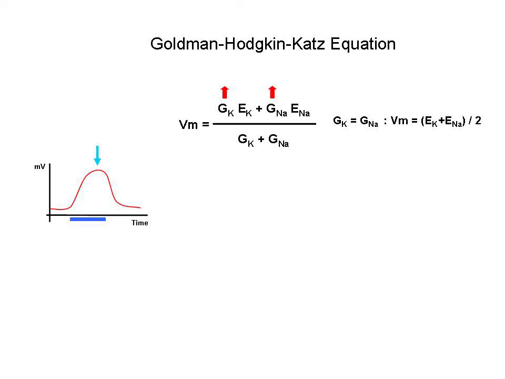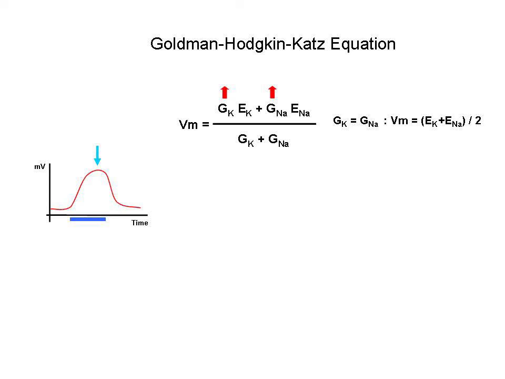You can easily see it, because if GK and G sodium are the same, you can say G times (EK plus E sodium) divided by 2G. The G's cancel out, so (E potassium plus E sodium) divided by 2 is equal to Vm, the membrane potential.